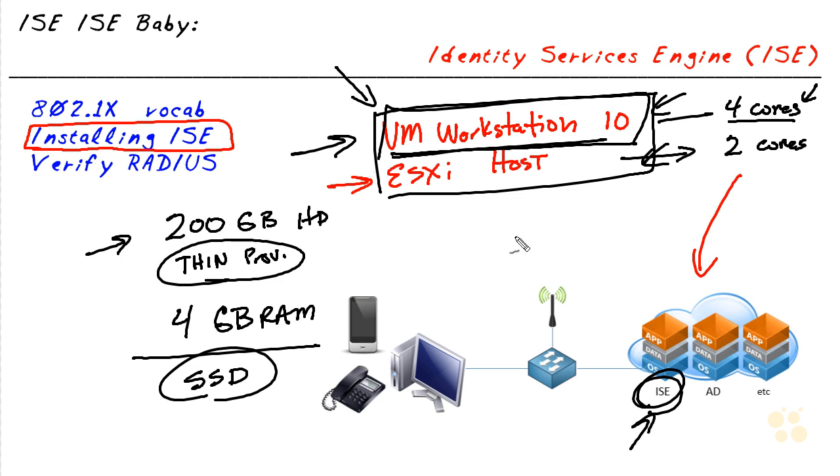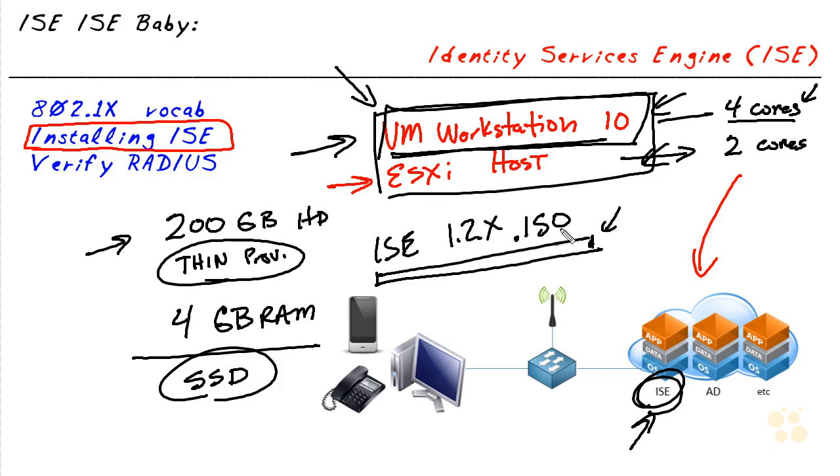And the software I used was the ISO for ISE. It was like 1.2-something. And that ISO, when you do a brand new install, comes with a built-in evaluation period that starts the clock from the day that you install it. So for most companies that are currently running ISE, you've got your user accounts at CCO, you can download the ISOs and use those.